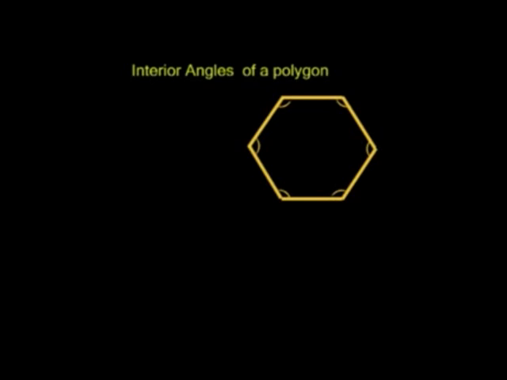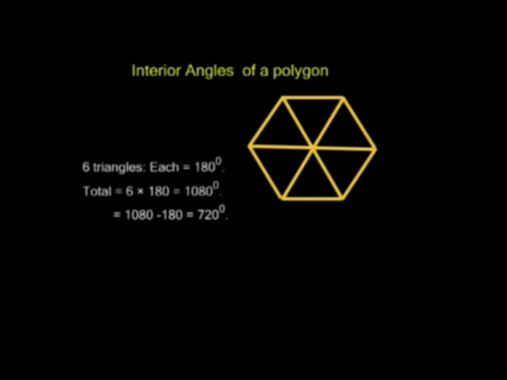Now the second method, if we have that hexagon again, we may create triangles, but this time we make triangles from the center, and we shall have a figure of this nature. Now in this case we have 6 triangles, each of which has a sum total of 180 degrees. So in total we have 180 times 6 giving us 1080 degrees.